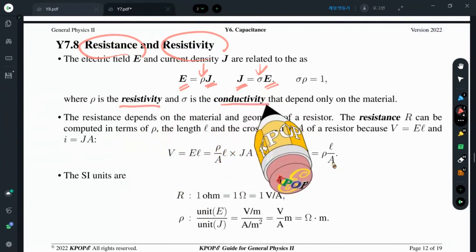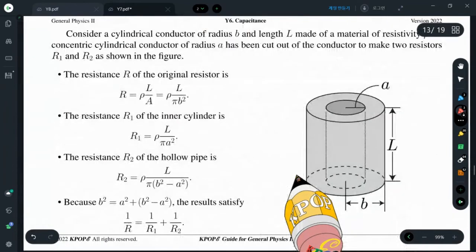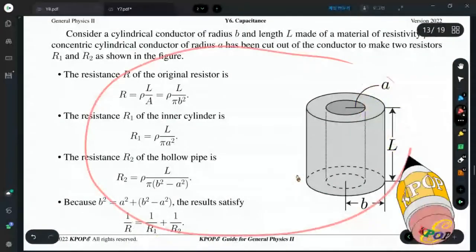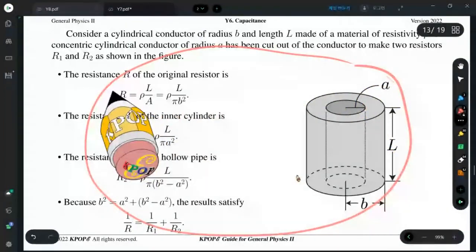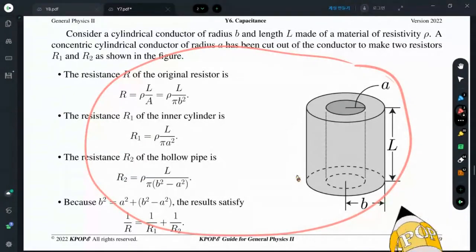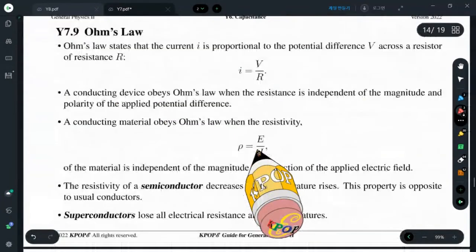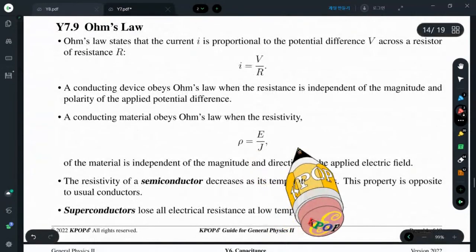And in middle school, we made use of this to find the actual resistance of a resistor if the geometry of the resistor is given. So I believe that you can do this calculation very well because you studied it in middle school. Sure, Ohm's law, it is just a review. You must know it very well.